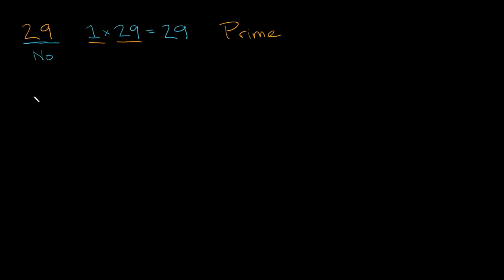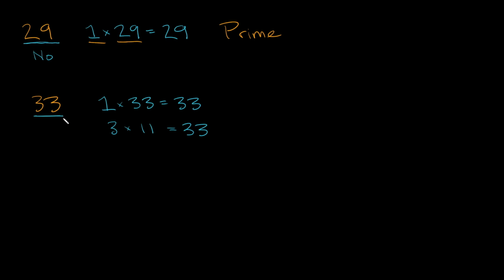What about the number 33? Is 33 prime or composite? Well, again, we can always start with 1 and itself, right? So 1 times 33 gives us 33. Are there any other numbers we can multiply together to get 33? Well, we could also multiply 3 times 11, right? 3 times 11 also gives us 33, right?